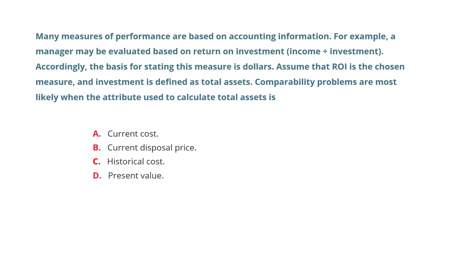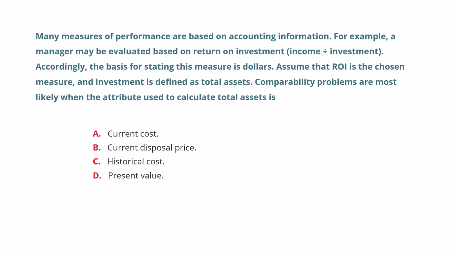Many measures of performance are based on accounting information. For example, you can evaluate return on investment; the basis for stating this measure is dollars. Assuming ROI is the chosen measure, the investment is defined as total assets. Comparability problems are most likely when the attribute used to calculate total assets is what?